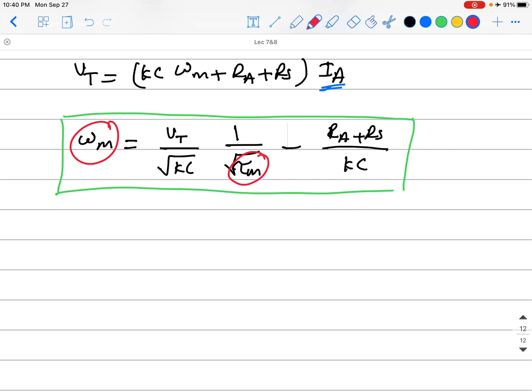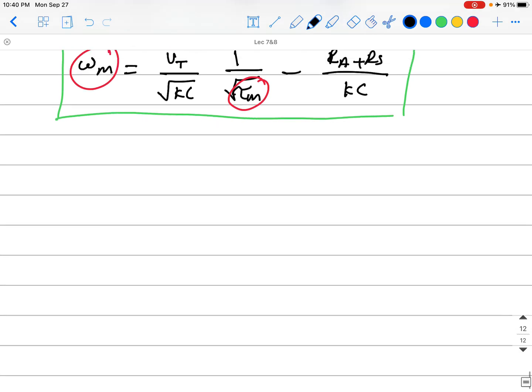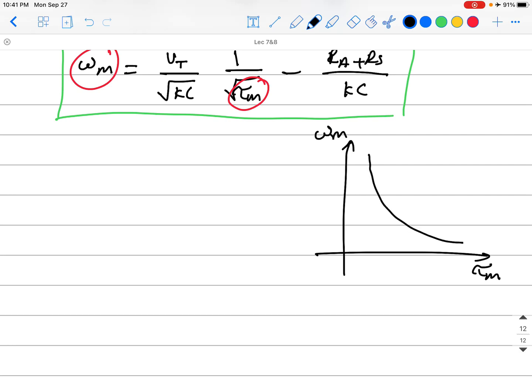So if you try to plot this equation, just use generic numbers and plot it. That is the motor torque here, and that is the speed of the machine. These characteristics will look like this. Okay, guys? And that is the whole point we are dealing with in these kinds of machines.